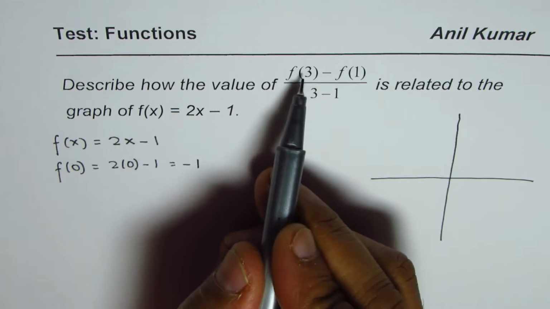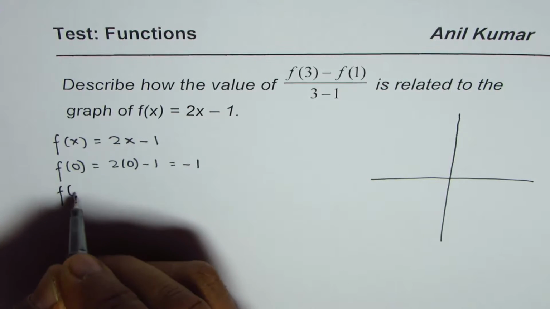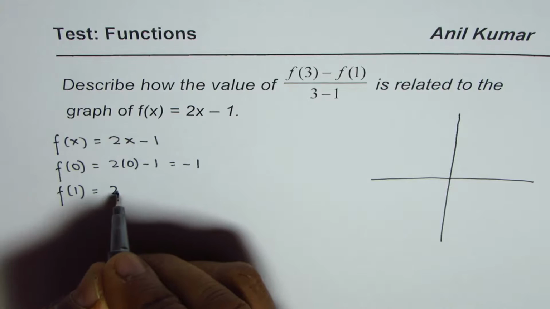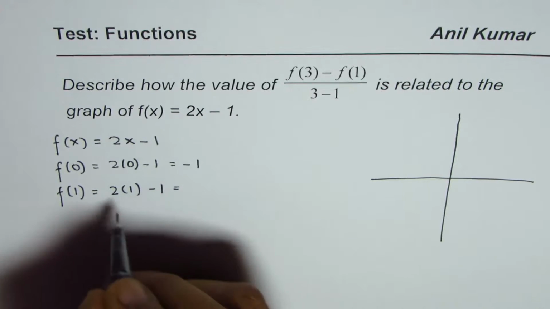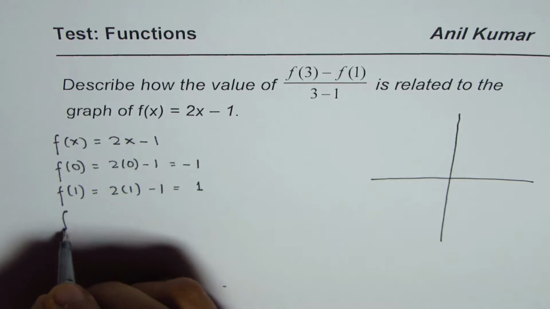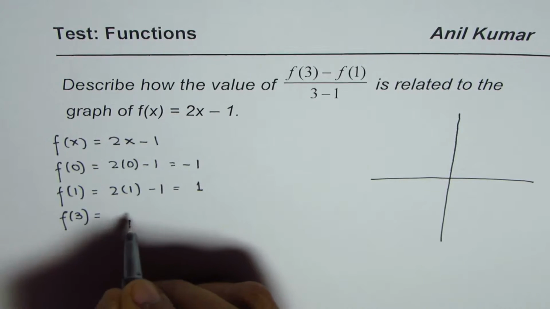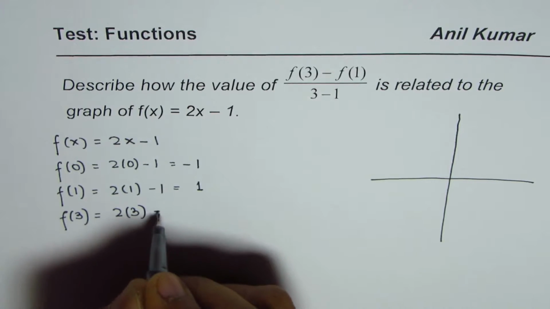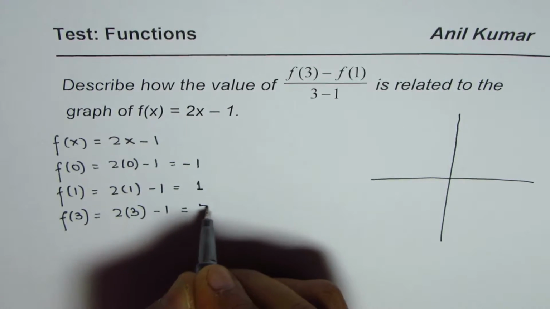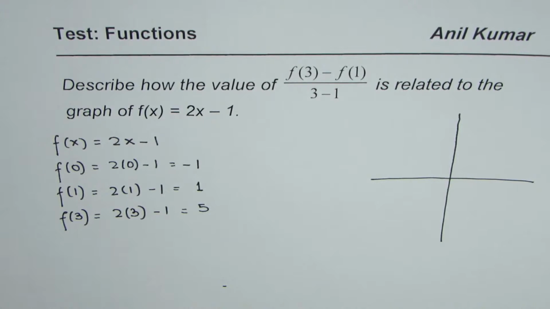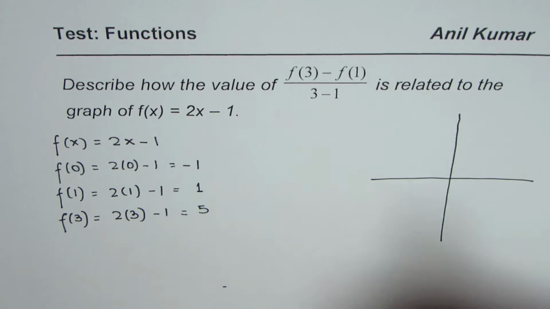Let us find f(1) and f(3) also. f(1) is 2 times 1 minus 1, that is 1. And f(3) will be 2 times 3 minus 1, 6 minus 1, which is 5. So we have 3 points, and with these points we can connect and draw a straight line.